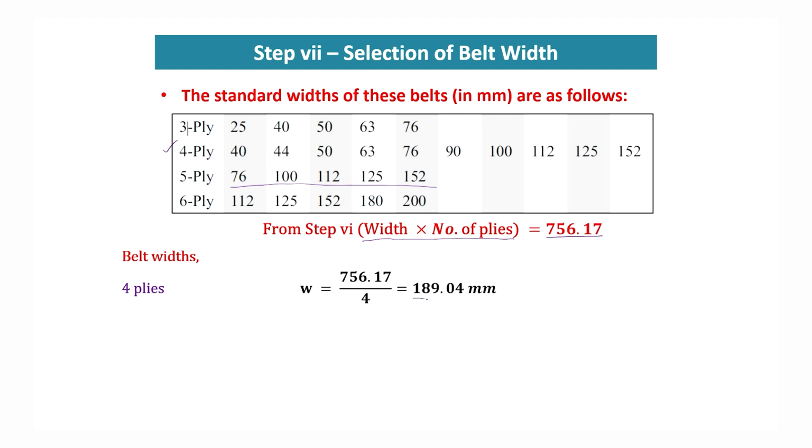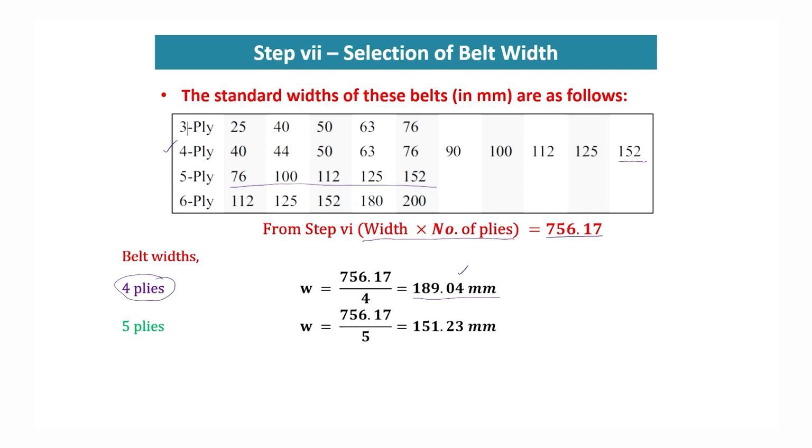It means the width should be 189.04. Now, for 4 ply, the standard widths are up to 152 mm and the required one is 189.04. It means this 4 ply is not satisfying our requirement.